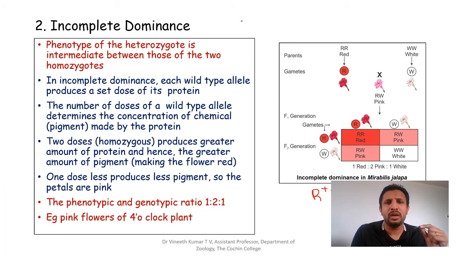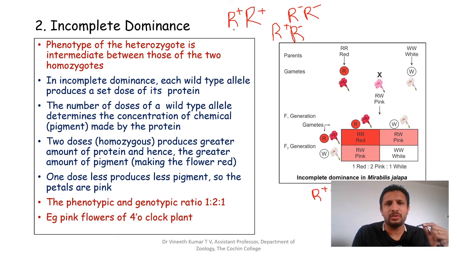So I might represent this once more. You take it as R plus and R plus for the red parent, and R minus and R minus for the white parent, and the heterozygote can be represented as R plus and R minus.